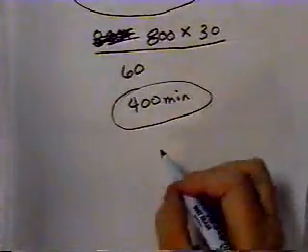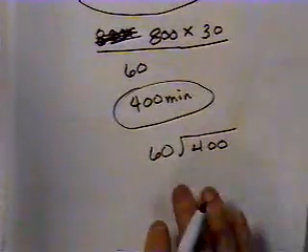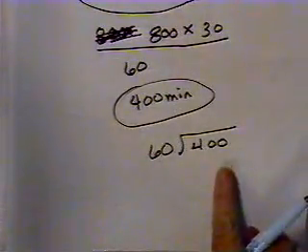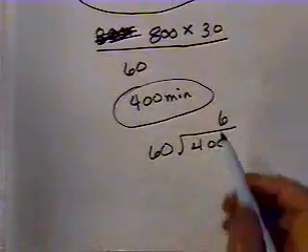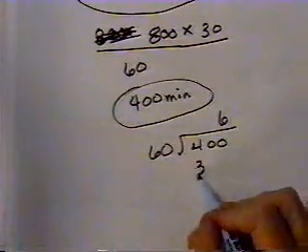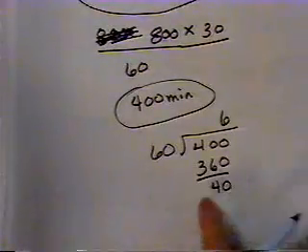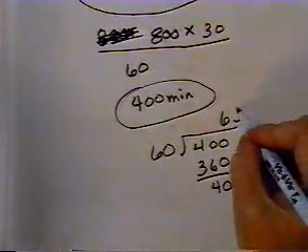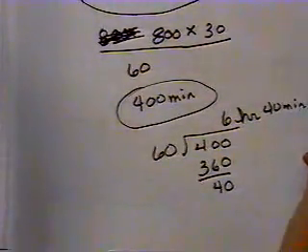What we're going to do is divide 60 into 400 without a calculator. 60 will go into 400 6 times. 6 times 60 is 360. And we're going to leave the remainder as minutes. So it's 6 hours and 40 minutes.